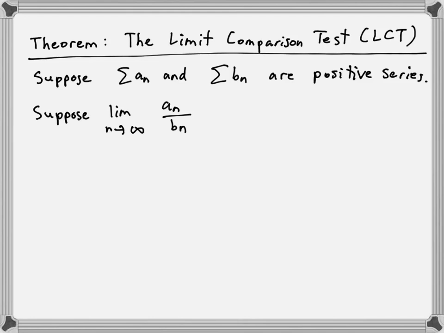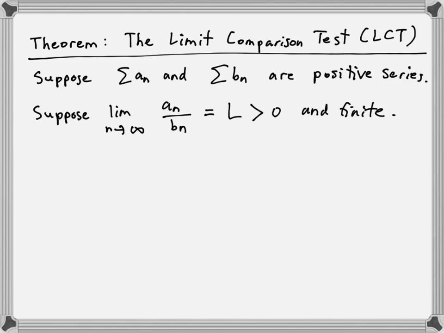So suppose this limit is equal to some number that is greater than 0 and finite. Okay. So what we're saying is it can't be so small that it's 0, and it can't be so big that it's infinity. It's got to be some number in between, right? It might equal 20, it might equal 13, it might equal 1/5. It could be any positive number.